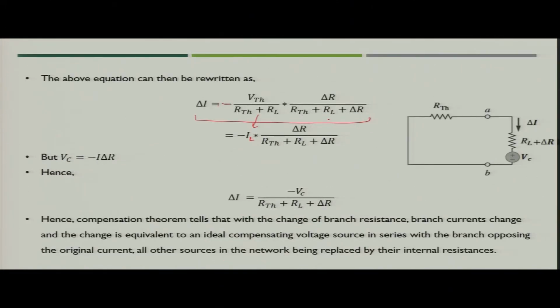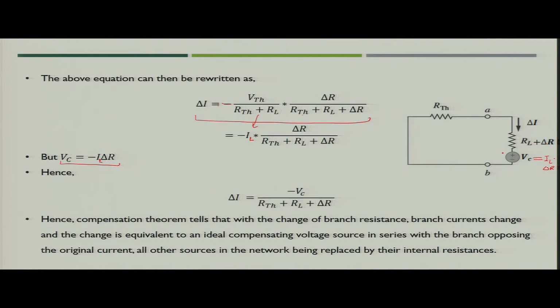So the remaining part is delta R into RTH plus RL plus delta R. Now, Vc is nothing but minus of IL into delta R, because Vc is our added voltage source, which is the original value of current into the resistance which is added to the original resistance.